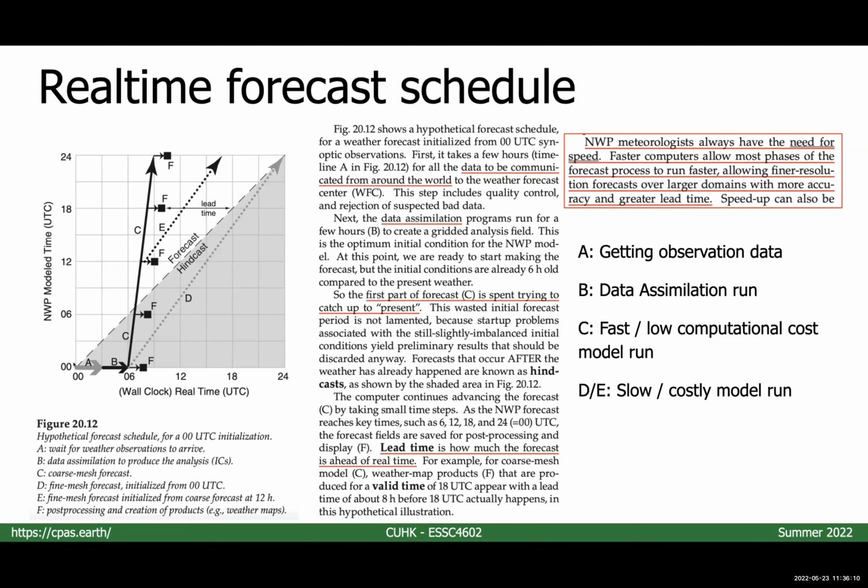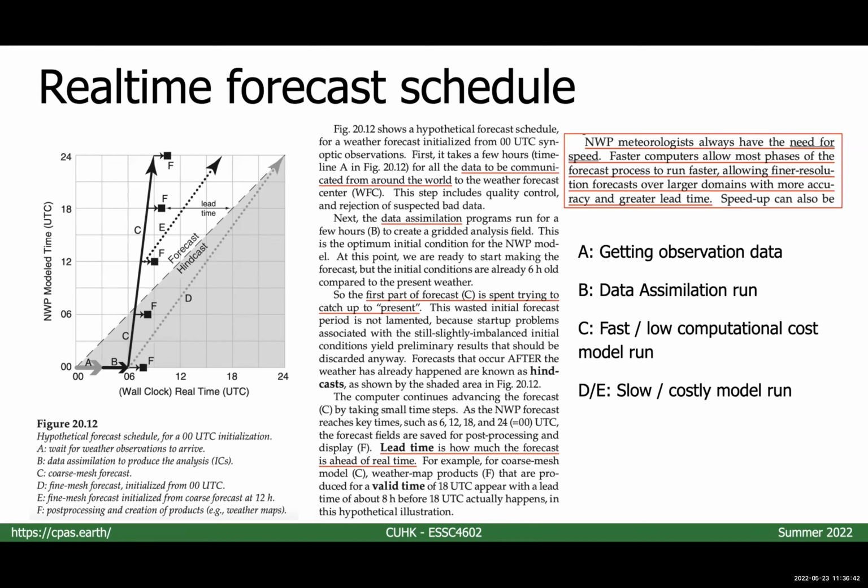Before you can run a numerical simulation, you have to go through step A and B. Step A is getting observation data. In the world, many organizations joined the program that collects observation data. Hong Kong Observatory, of course, joined that program and shares their observation data with that organization.